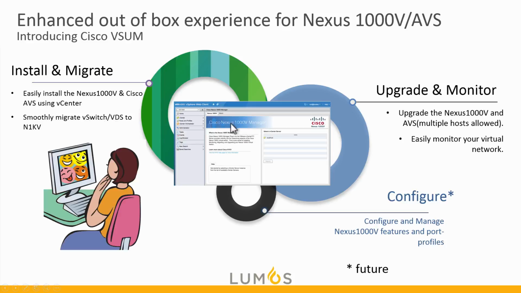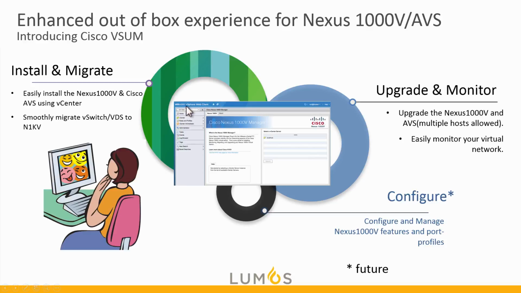This was originally built for the Nexus 1KV, so that's why it says that here, but of course it works with AVS as well. We can also upgrade and monitor our hosts and monitor the virtual network. It's planned that we'll even be able to configure port profiles, but at this point we'll probably just use the ACI plugin rather than doing it through this interface. This is done through the VMware vSphere web client.